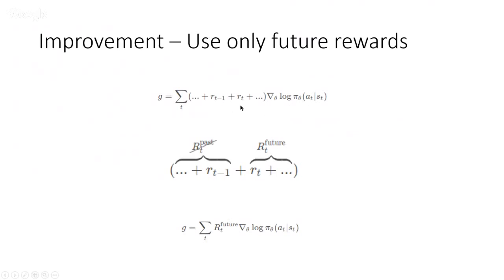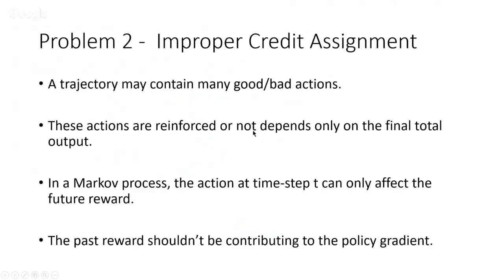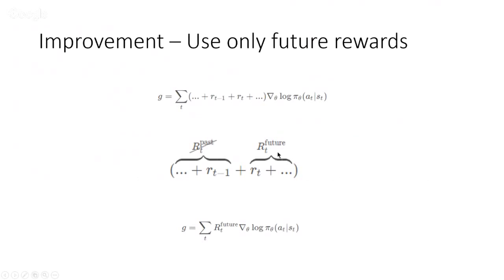So instead of using all r's, we remove the past and only use future rewards in changing the gradient, in improving or decreasing the probability of any particular action given a state at that time step. Instead of using the sum, we only use future, right?